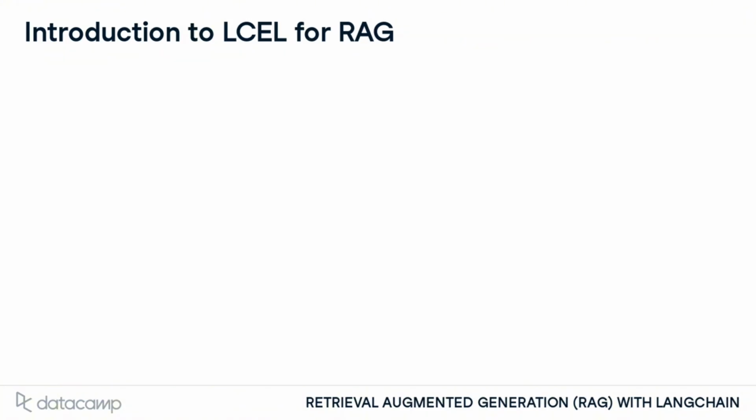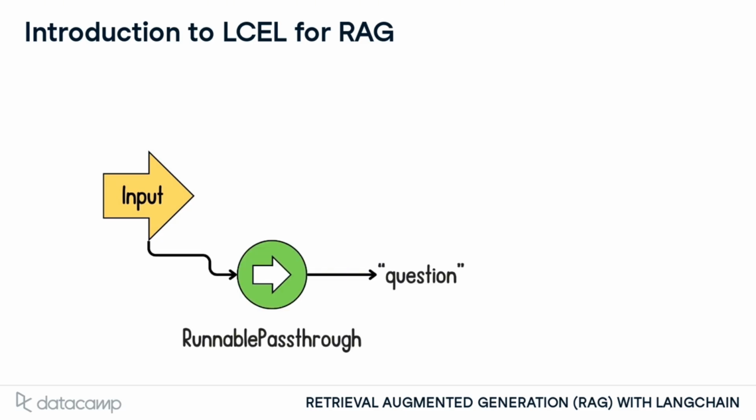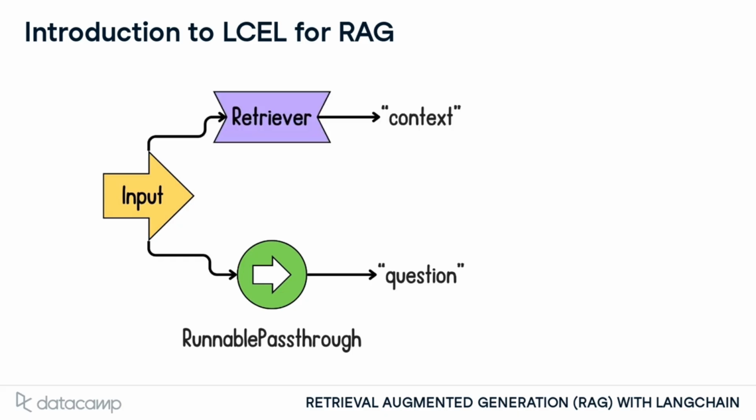It is particularly relevant to RAG systems because it creates modular, reusable pipelines that can combine retrieval and generation components together. The retrieval chain will take a question input, insert it into the chain using runnable pass-through, and assign it to question. Runnable pass-through allows inputs to be inserted into chain unchanged.